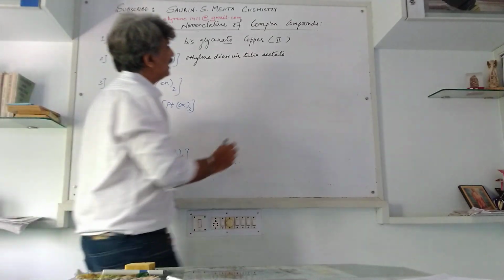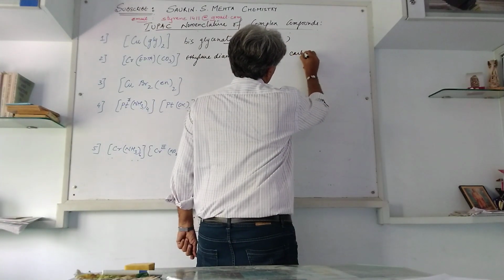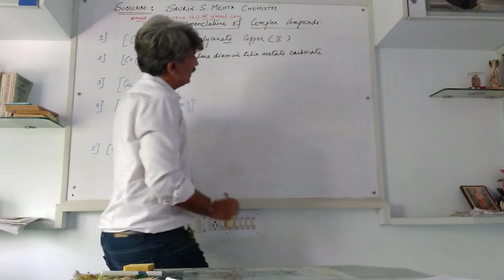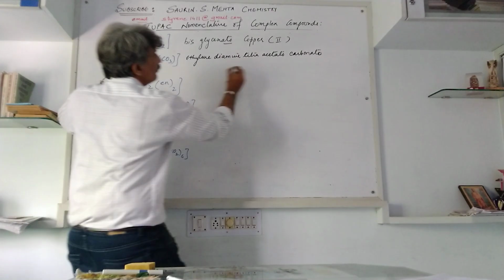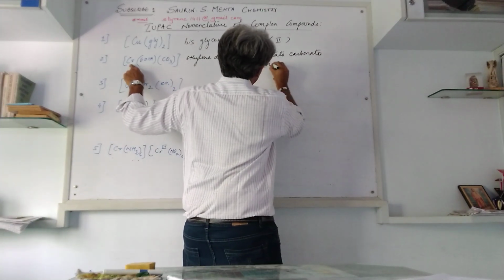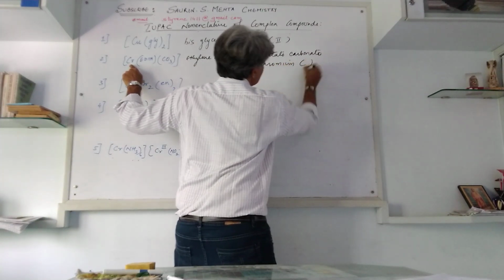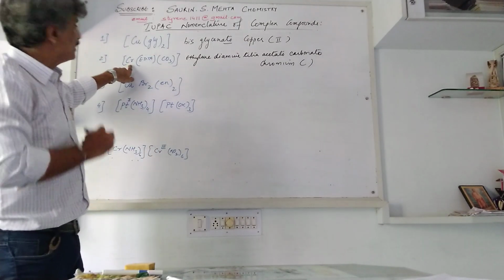This is carbonato, because it's a ligand, ato, ato. And this is chromium, so straight away we'll write chromium, and then we'll place the bracket for the oxidation number.